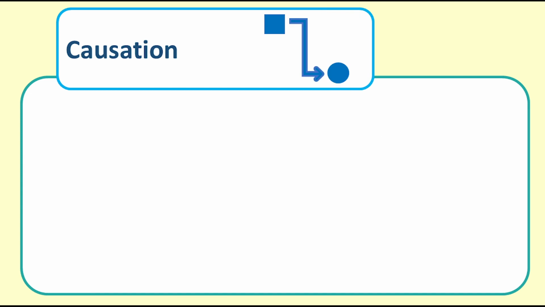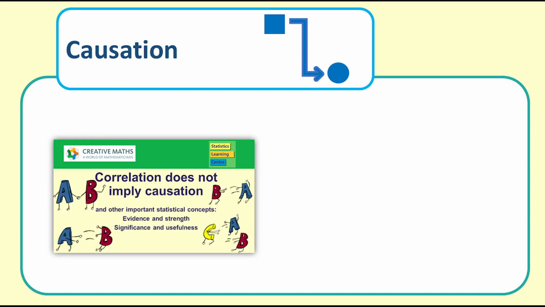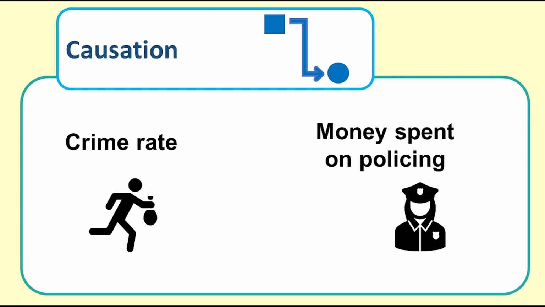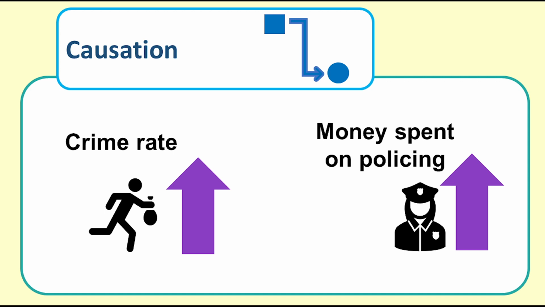Which brings us to causation. Causation is a big idea and one we always need to be aware of with interpreting regression coefficients. You can see more about this in my videos listed in the description below. For example, it is not unusual to have a model of crime rate where an increased amount spent on policing is associated with a higher level of crime.